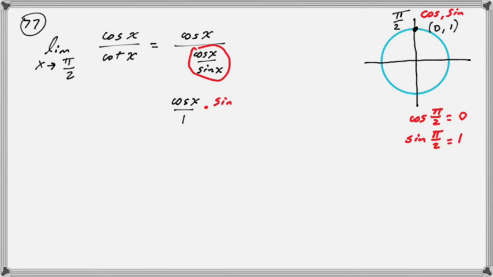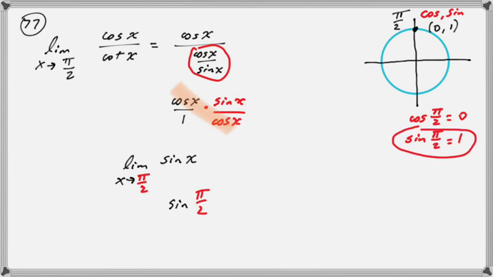You multiply by its reciprocal, which would allow the cosines to cancel, leaving me just the sine of x. Remember, you're doing the limit as x approaches pi over 2, so I want to plug in pi over 2 for x. What is the sine of pi over 2? Apparently it is 1, and that should be your result.